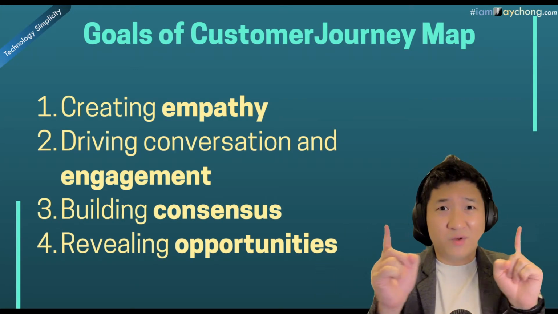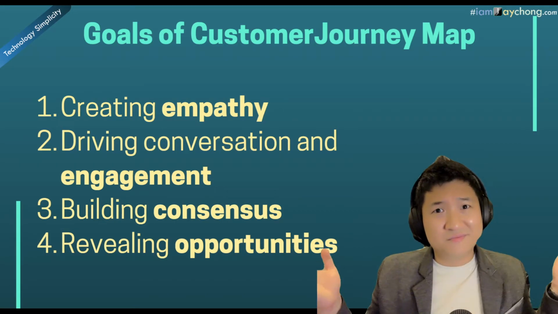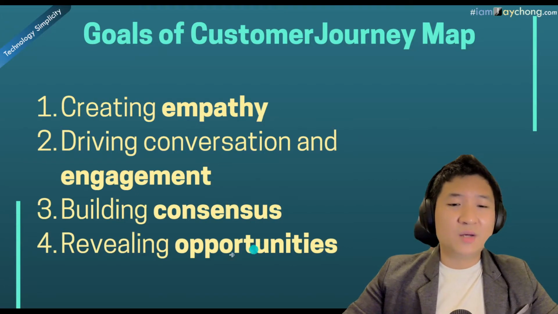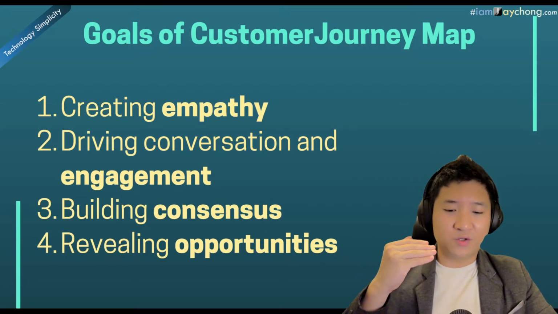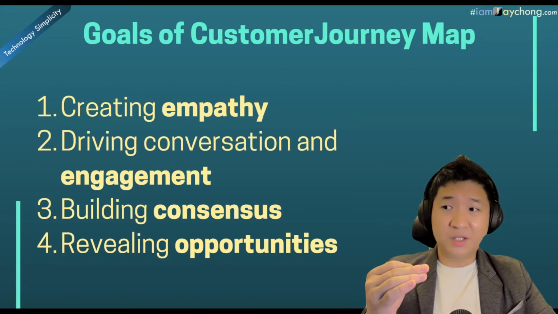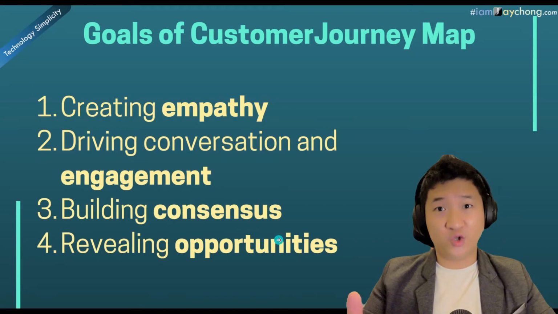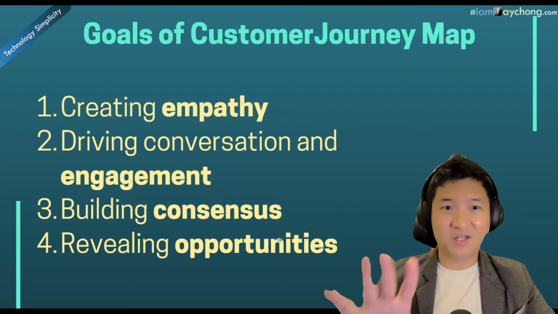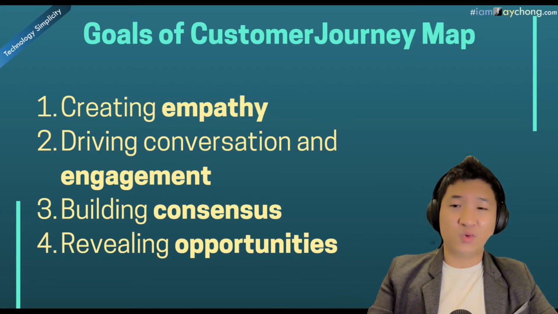So the journey will be very short. Come to a platform, download, bye bye. Okay. Number three is building consensus. Consensus is like you need to build consistency, rapport, and something like that. And number four, you must review opportunities. Okay, remember these four simple goals when you come to coming up with a customer or user journey map.